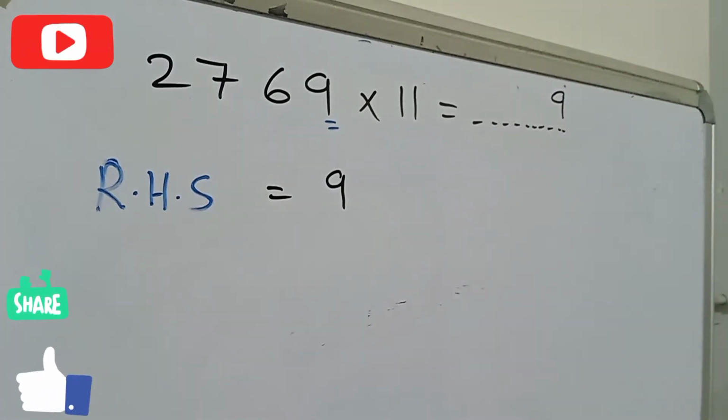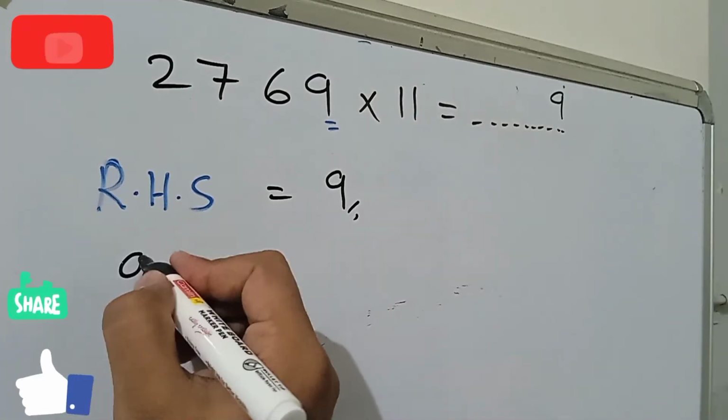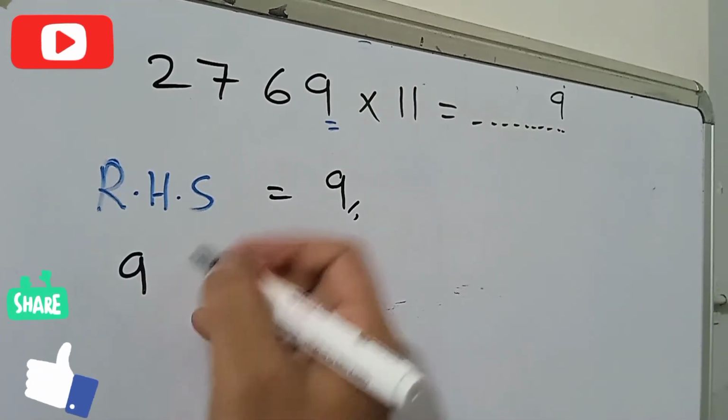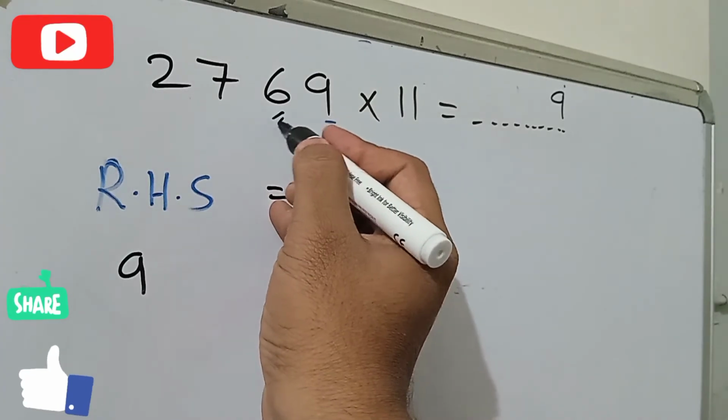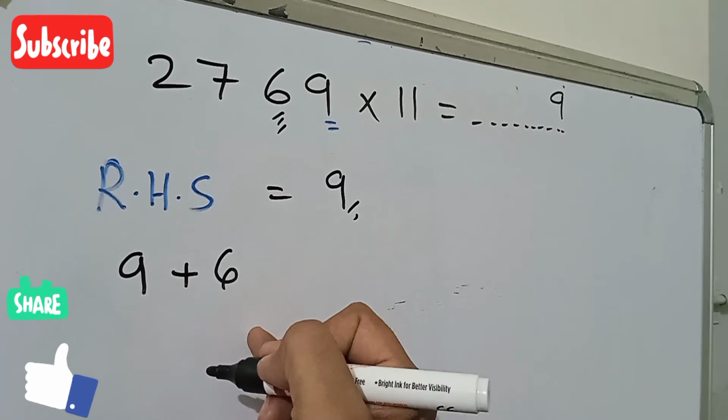Okay. Now, whenever we are talking about the other numbers, you just need to keep this number in repetition over here and identify the second number, 6. We have to add it.